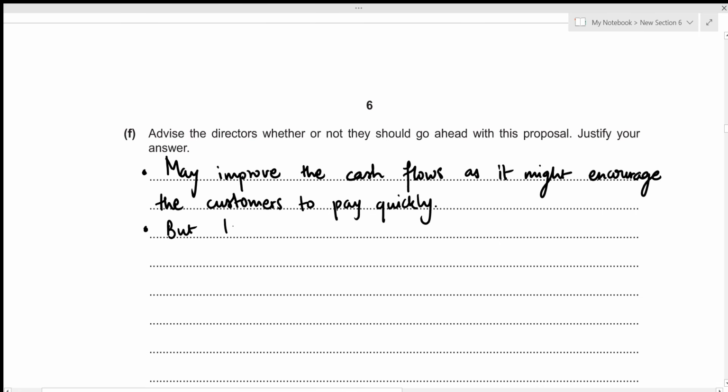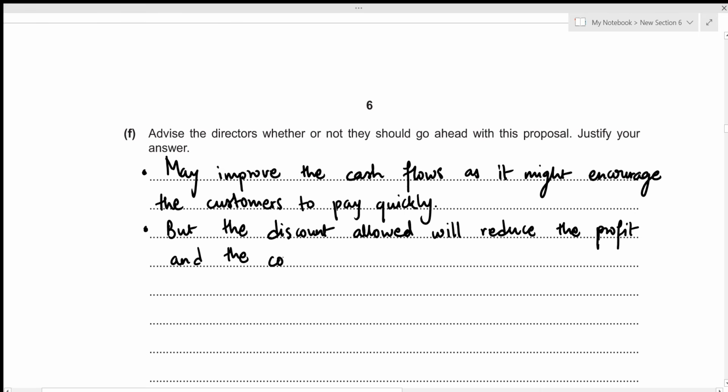But the discount allowed will reduce the profit and the company is already making a loss.